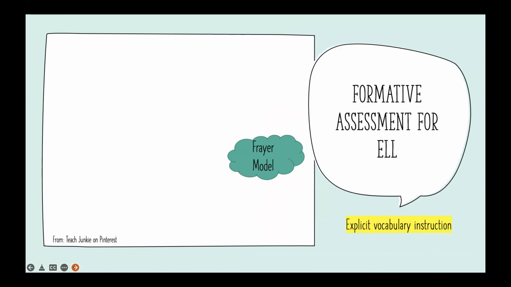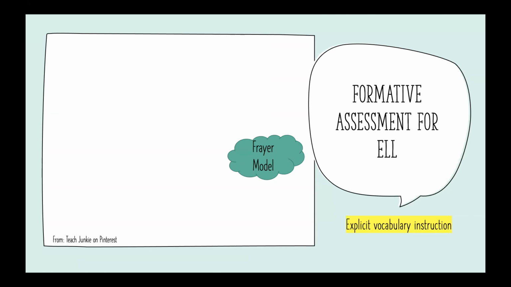In terms of another way, we also highlight explicit vocabulary instruction for our English language learners, because many teachers assume that students have been exposed to classroom environments where they talk with their peers and with the teachers. It's more like a rich discourse environment.